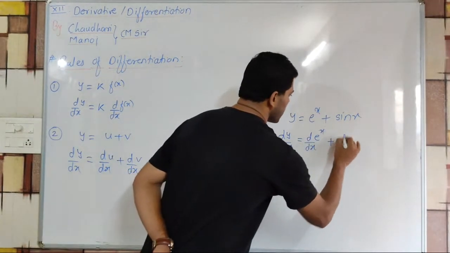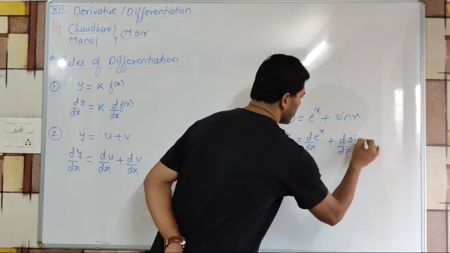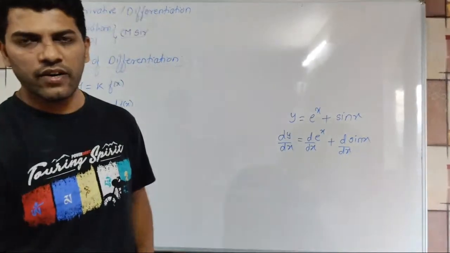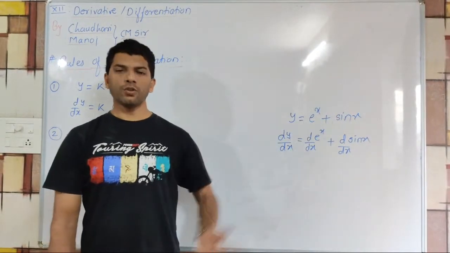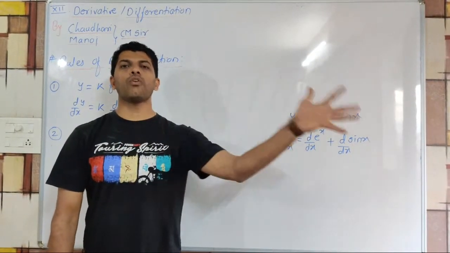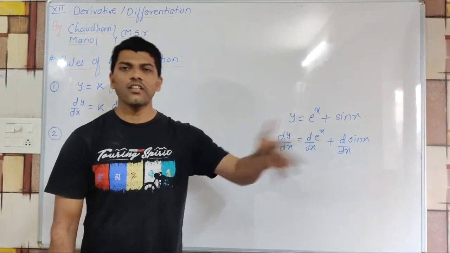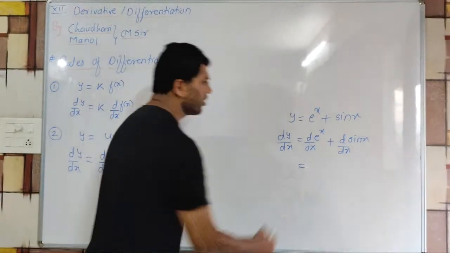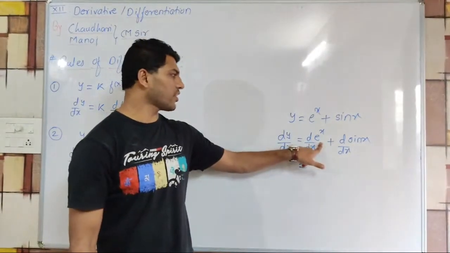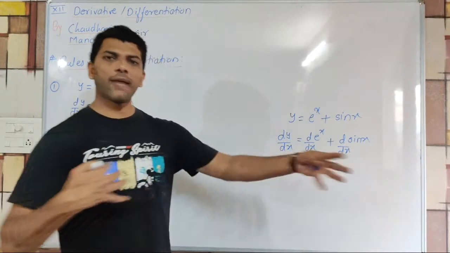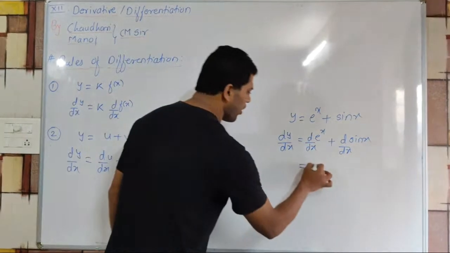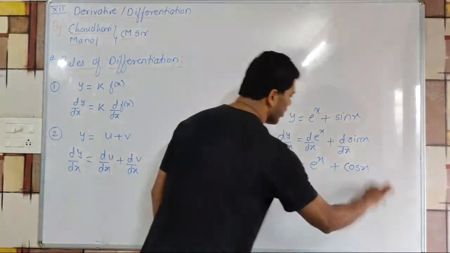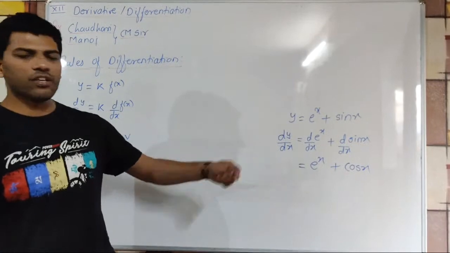If two or more than two functions are present in addition, take separate, individual derivatives. The derivative of e raised to x is e raised to x, and the derivative of sin x, you already know, is cos x. So here we got the answer.